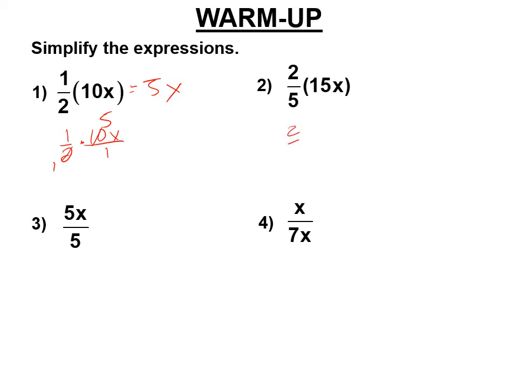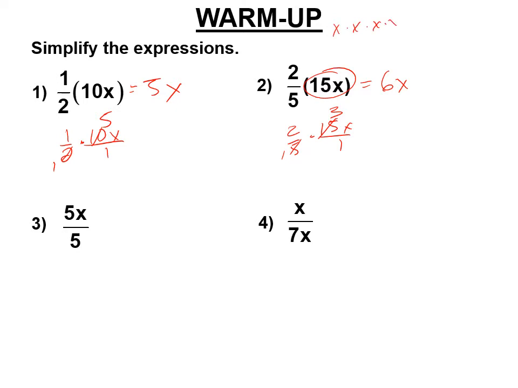So 2/5 times 15x's, 5 cancels with the 15, you get a 3, and that is 6x. If you have 15 apples, what is 2/5 of them? 6 apples. If you have 2/5 of 15x's, you have 6x's. Should I draw that out?